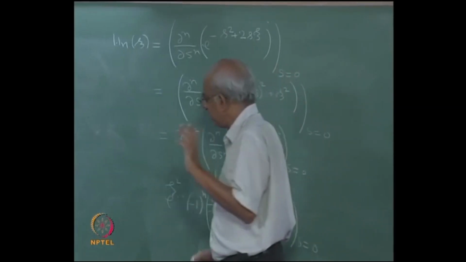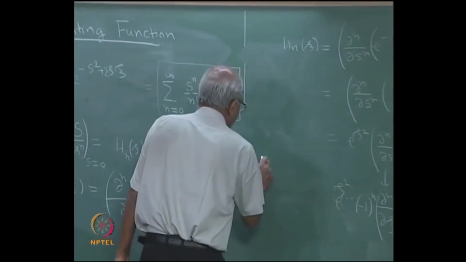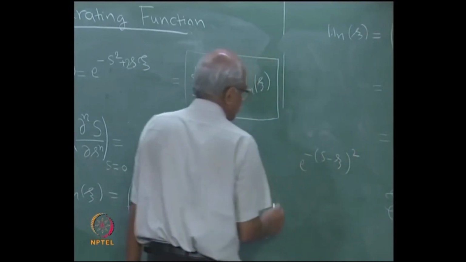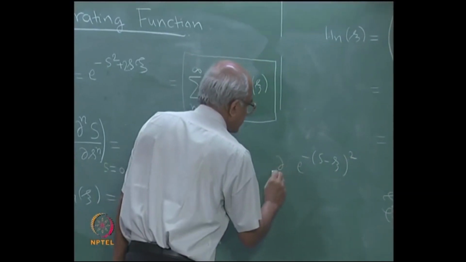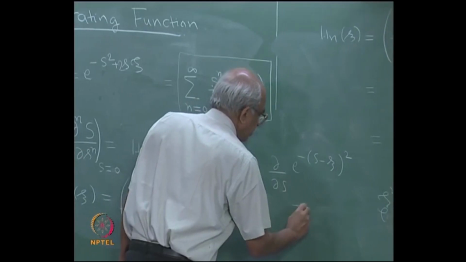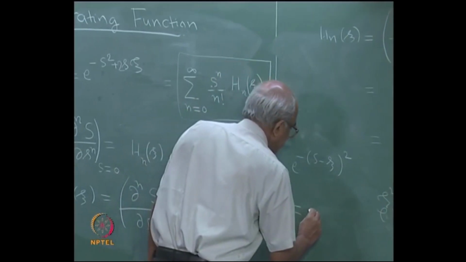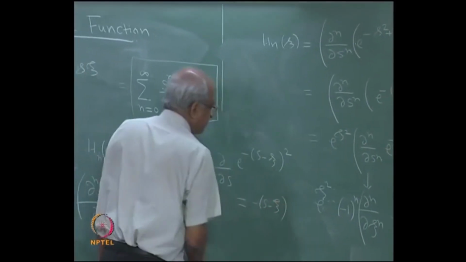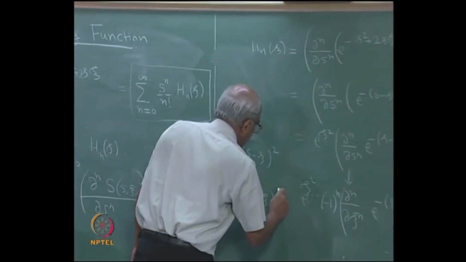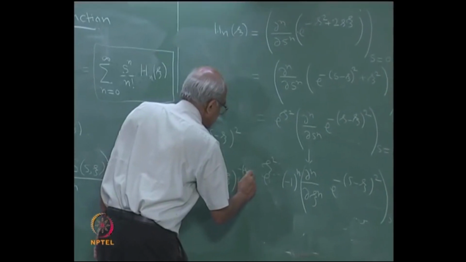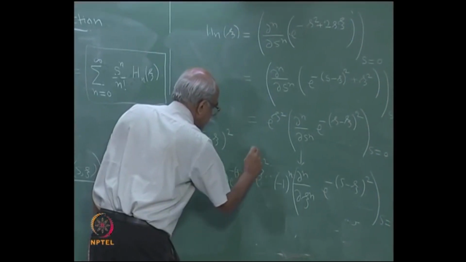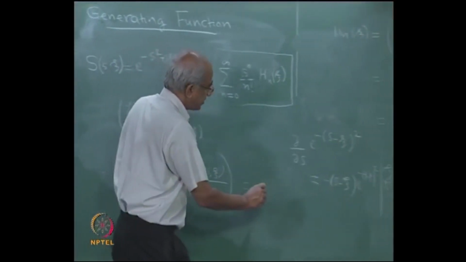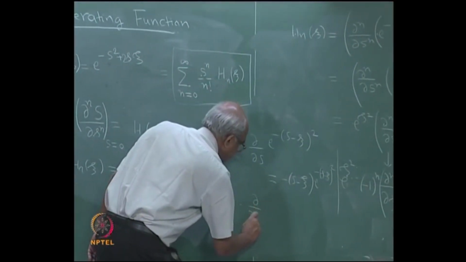If you want, you can verify this very easily. Look at e to the power of minus s minus c the whole square, differentiate it once with respect to s. What will be the answer? The answer is going to be minus s minus c e to the power of minus s minus c the whole square. If you differentiate it with respect to c, what will be the answer?